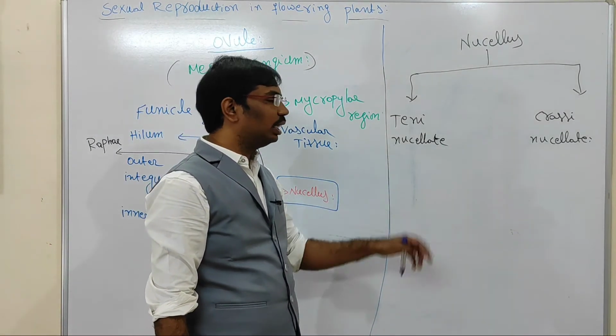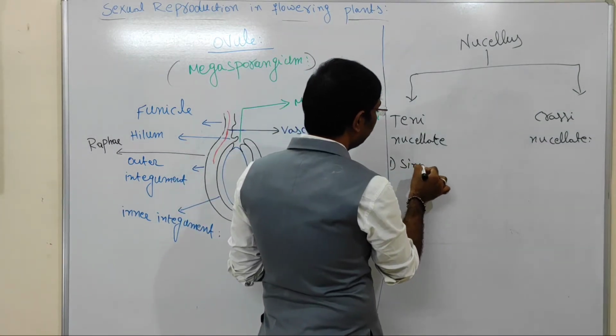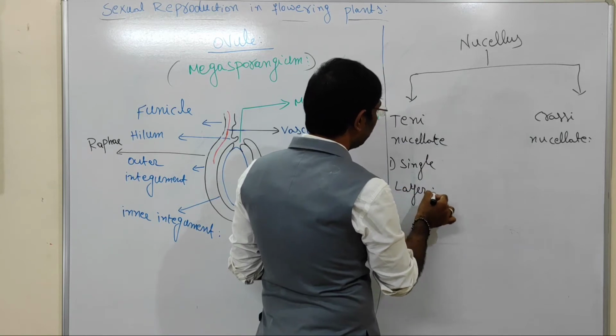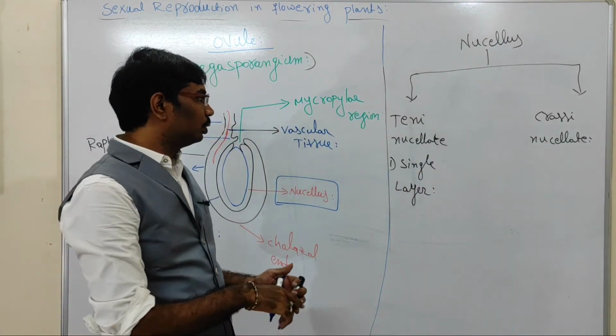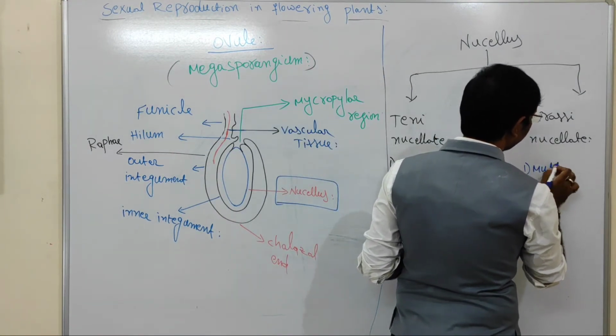Teninucellate mostly has a single layer, and crassinucellate contains multiple layers.